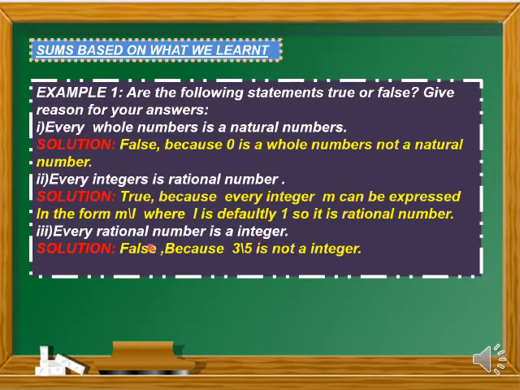Rational numbers are in fractional form. Integers can also be in fractional form, but the denominator should be 1. It cannot have any number other than 1 in the denominator, so it is not an integer.